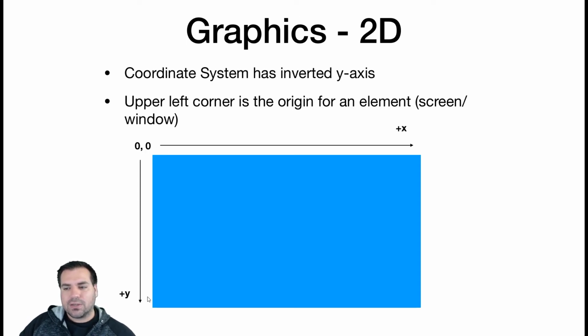This is just the way things work. Your monitor that you're looking at right now, the upper left corner is 0, 0. And the bottom right corner, that's the size of your screen, the maximum X, maximum Y. So whenever Y increases, you're actually moving down your screen. So the Maze Solver maps use this coordinate system where the upper left corner is 0, 0.